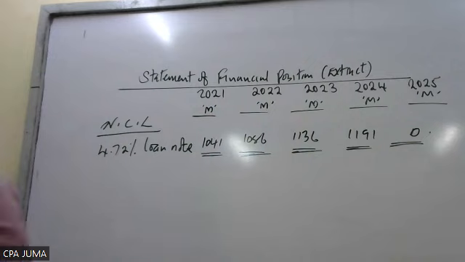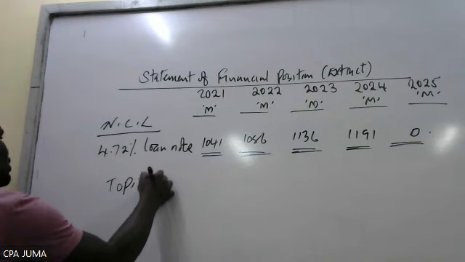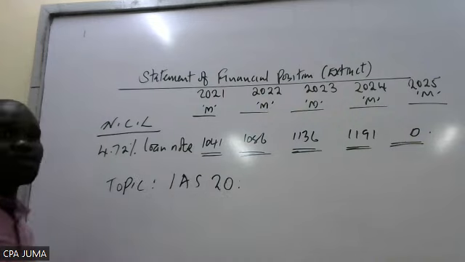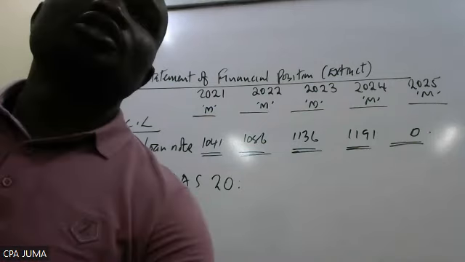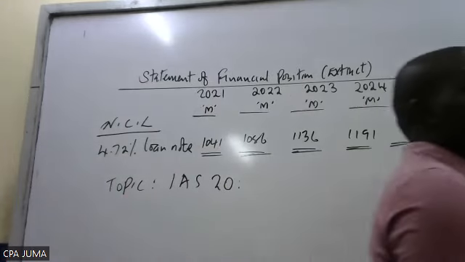Alright, so I want us to go to a new topic. So right there, topic. I want us to go to IAS 20. Check on your Google platform. You tell me what IAS 20 is all about. Check.